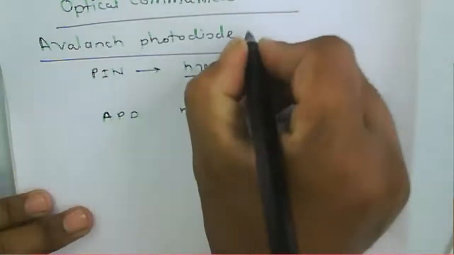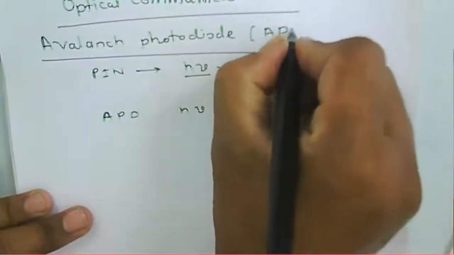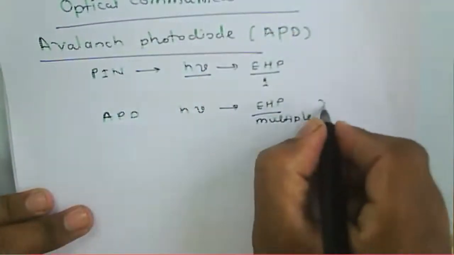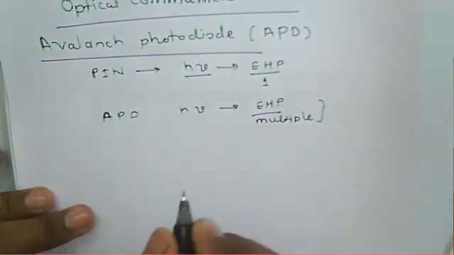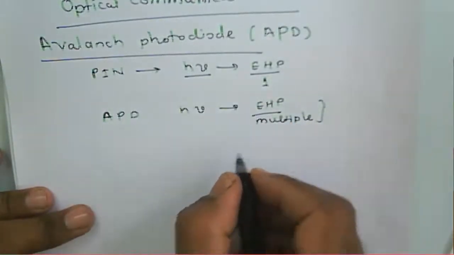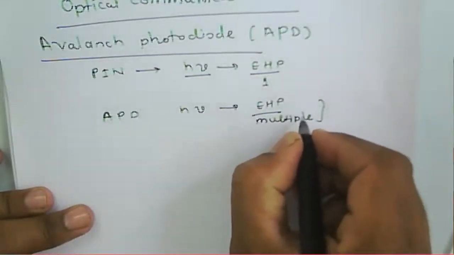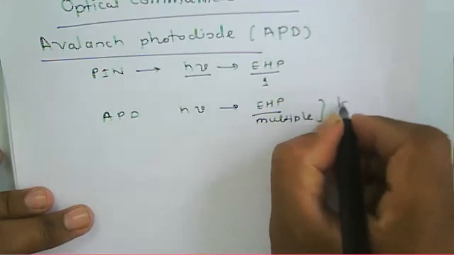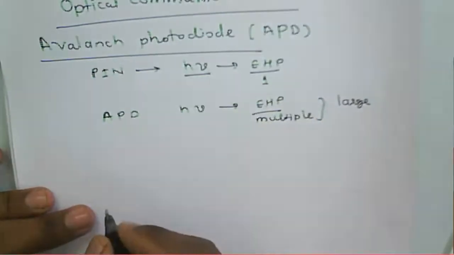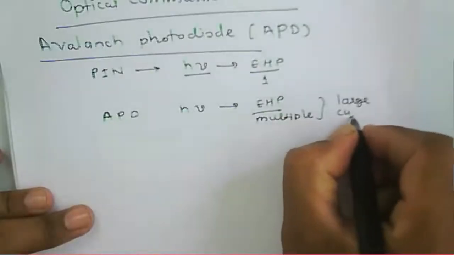So the APD will generate a large output current as compared to the PIN diode, because it generates multiple electron-hole pairs. That's why a large current is produced.